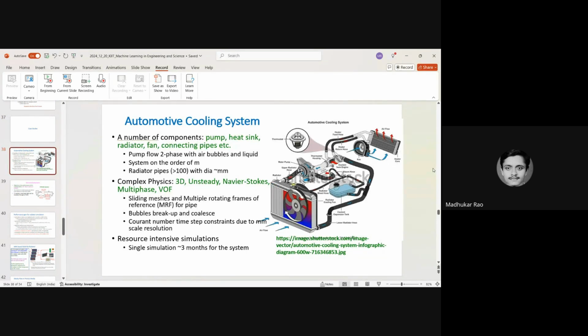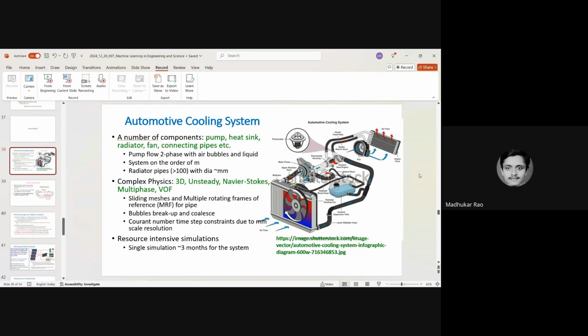So this is a case study that we did. This was for an automobile cooling system, and our client wanted to simulate the process of filling the system with a coolant. So you have the typical coolant system with a pump, with a radiator, with a lot of tubes, a reservoir, and so on.